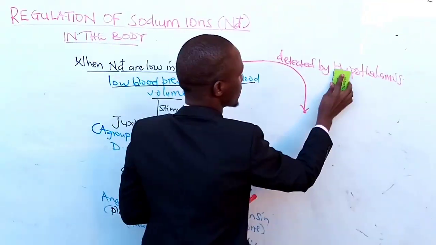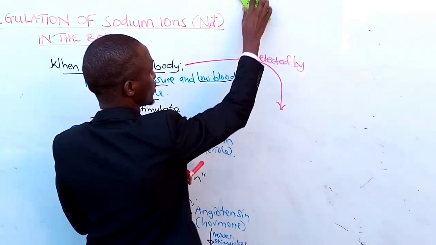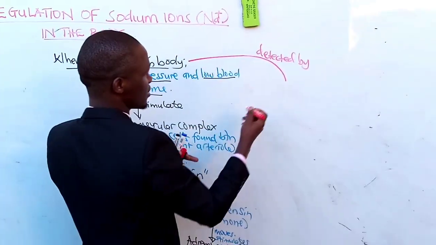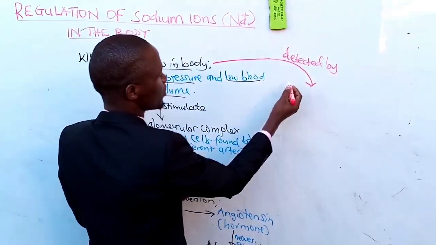The low sodium ions can be detected by the hypothalamus.